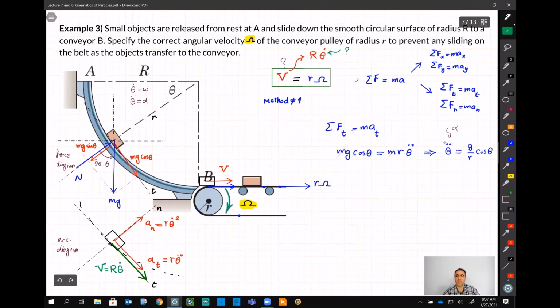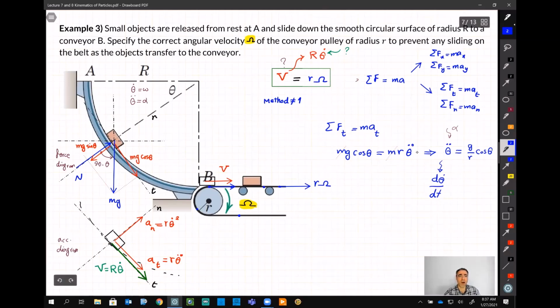So can I integrate these things to get theta dot? Yes. But when we integrate, we need time, right? Because remember, what was the definition of theta double dot? It's the derivative of theta dot with respect to t. So I can integrate, but I get to a new problem and I need time.